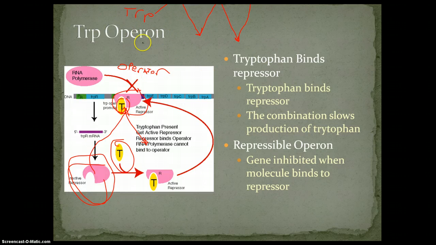This is a trp operon. This is actually what we call a repressible operon. Repressible means the repressor protein is inactive at the start. Repressible means that the process is only turned off when the amount of our product gets too high. Okay?